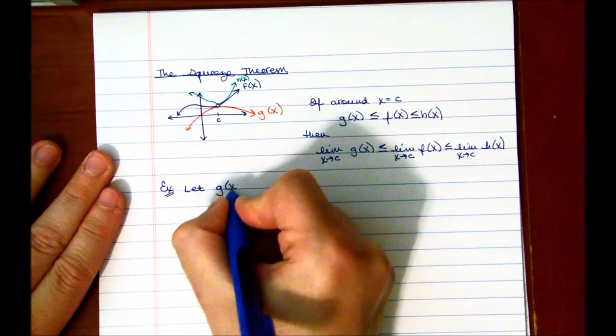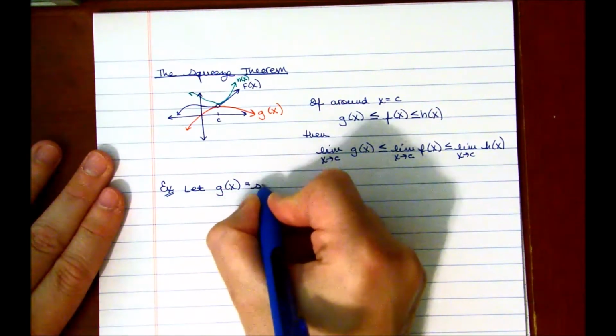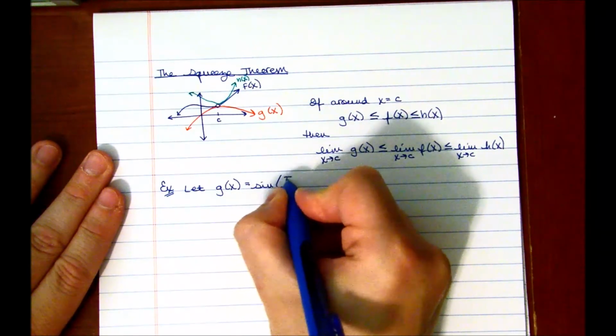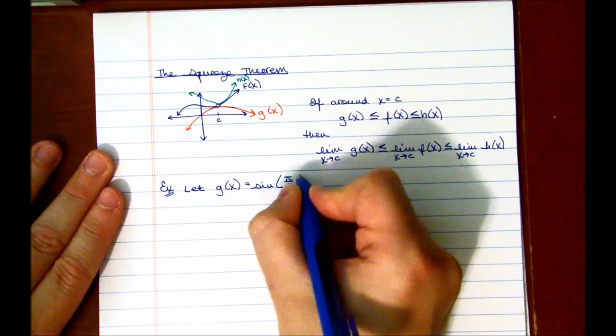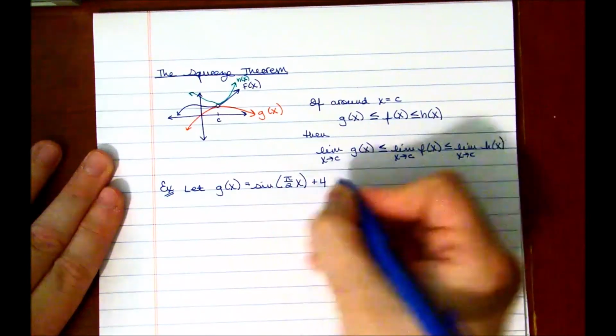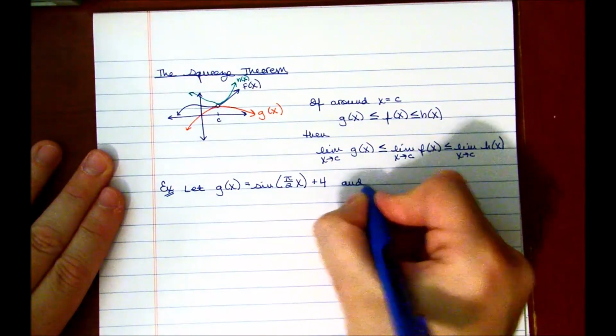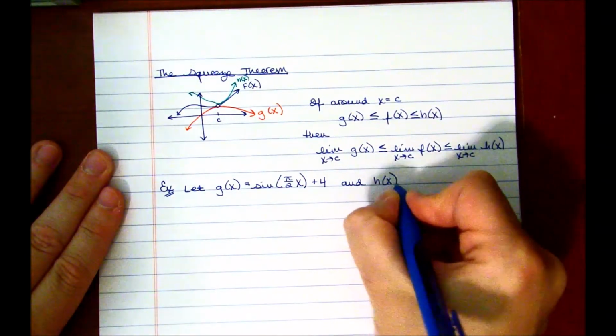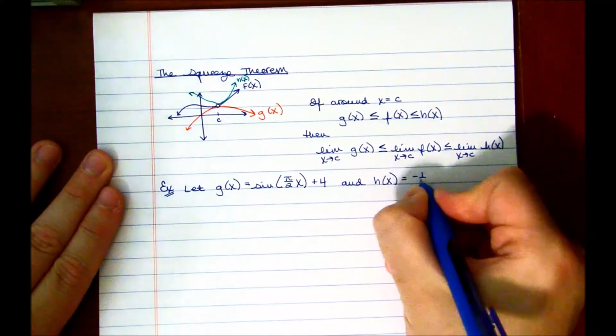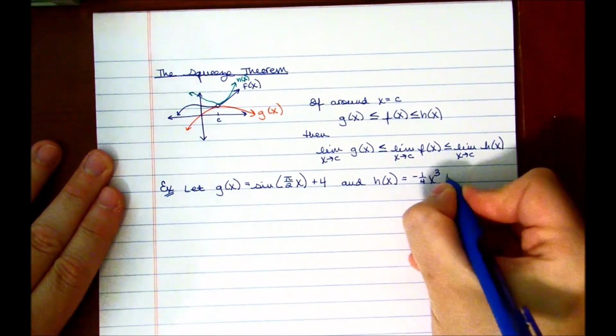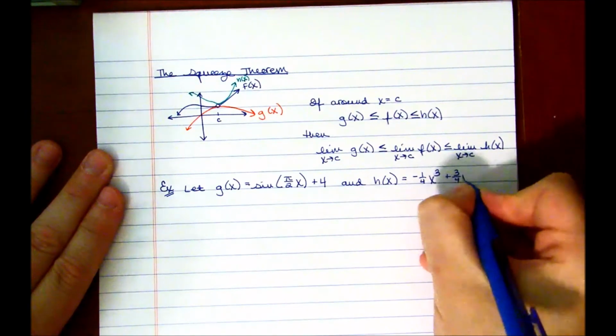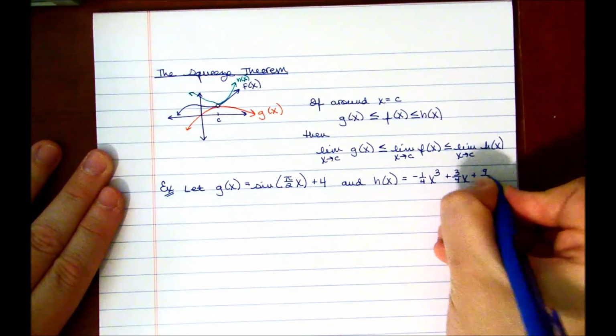Let's say g of x is the function, the sine of pi over 2 x plus 4. And let's say that h of x is some function, let's make this a polynomial, negative 1/4 x cubed plus 3/4 x plus 9 halves.